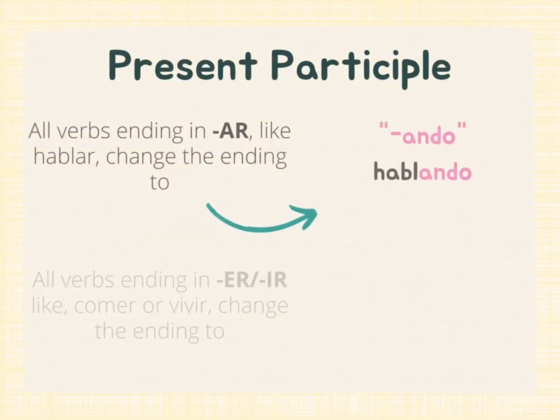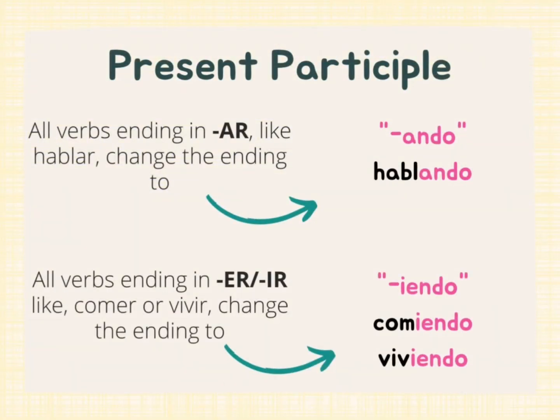Now let's review really quick the present participle. Again, we're still doing verbs, so we know that all of our verbs end in either AR, ER, and IR. So for all verbs ending in AR, if you want to change it to present participle or the gerundio, like the verb hablar, we're going to drop our ending, that AR, and we're going to add a different ending.